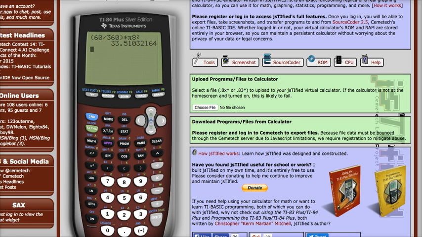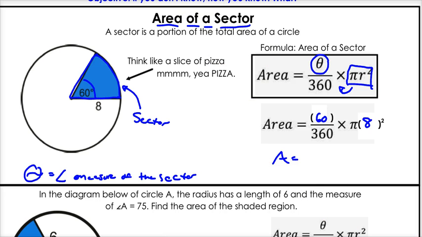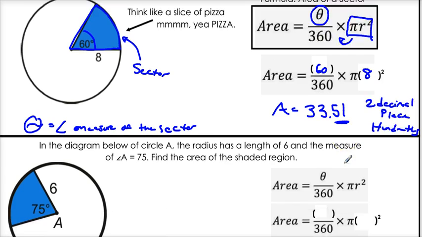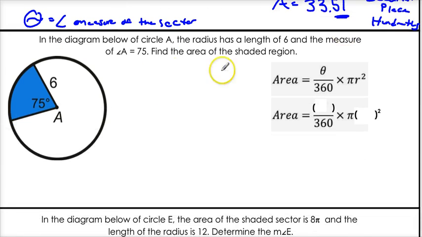We'll stop that at the hundredth and we'll do 33.51. So this is 33.51. All right, today we're just going to be doing 2 decimal places. That's also called rounding to hundredths today. Okay? All right, so just plug into your formula, and we're good to go.